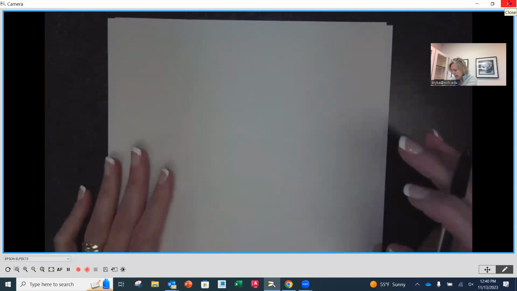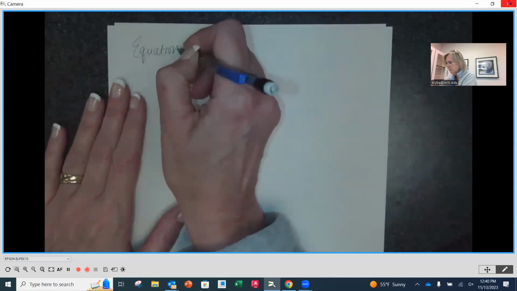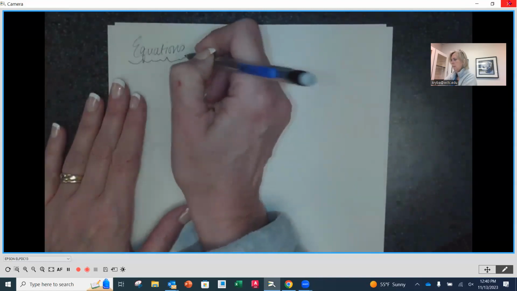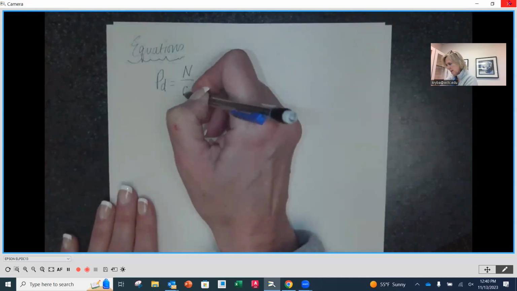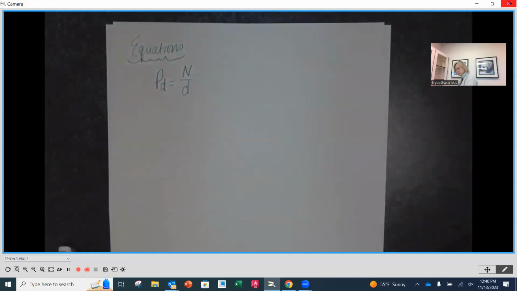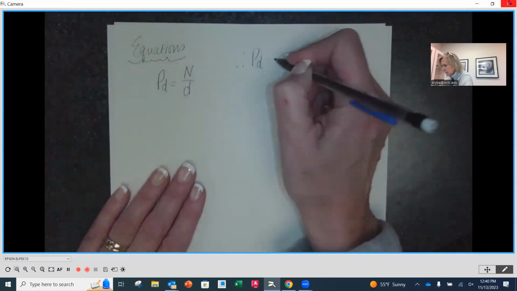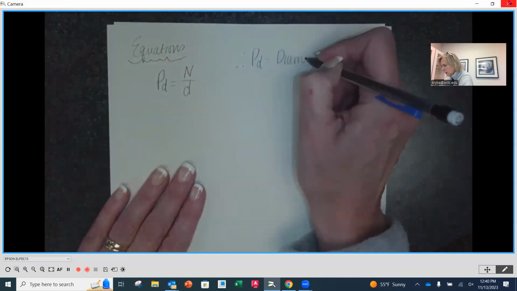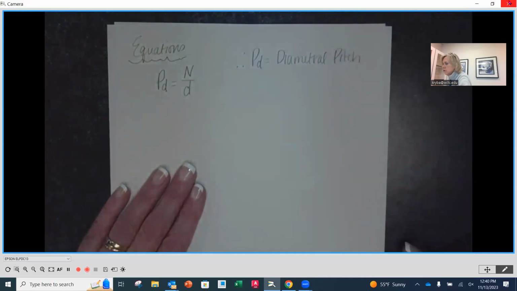So this is going to be one of the first equations that you want to add, if you're keeping track of equations from this chapter. Capital P sub D is equal to N divided by lowercase d, where capital P sub D is equal to diametral pitch.